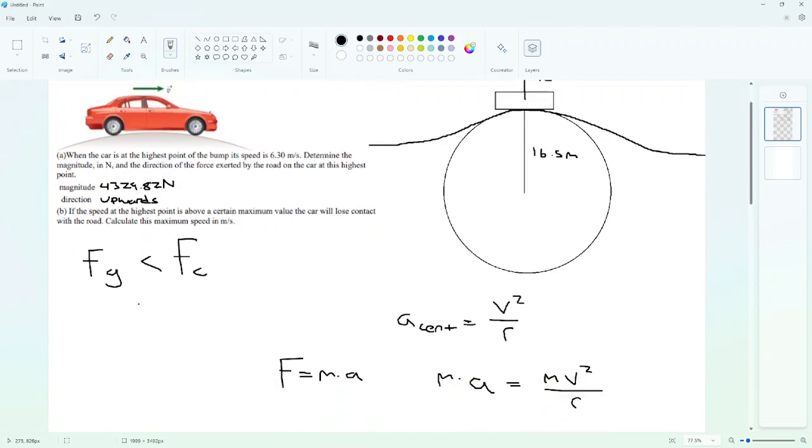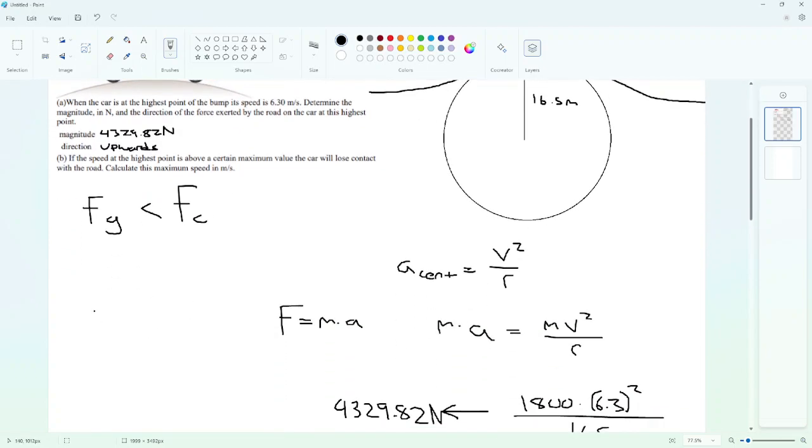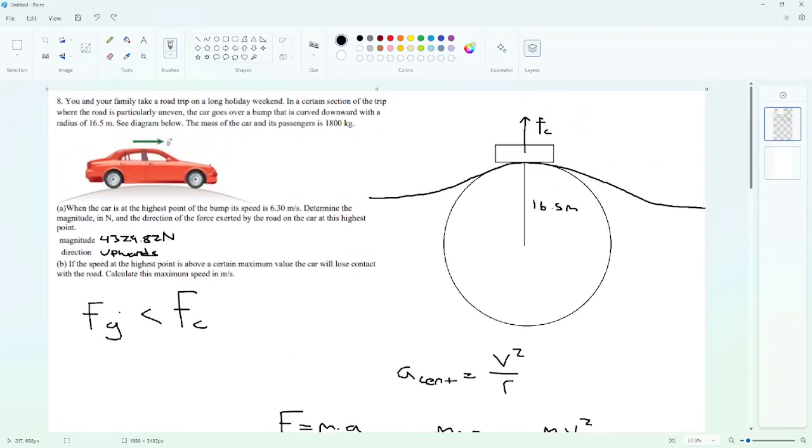So let's calculate the force of gravity. The force of gravity in this case is going to be 17,640 newtons, which is going to be less than the mass of the vehicle times some velocity squared divided by the radius of the curve.